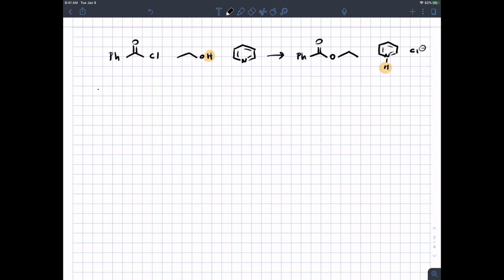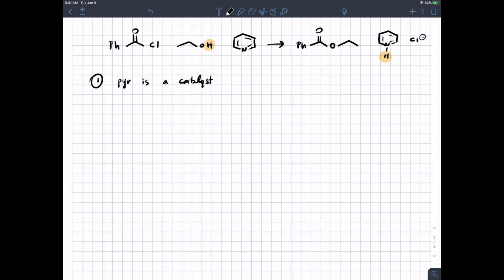The controversy is there are a couple of possible mechanisms. One is that pyridine actually has a catalytic role in addition to its proton pulling off role. All right. So this would involve, for example, the following few steps.